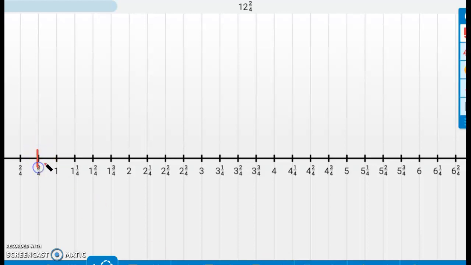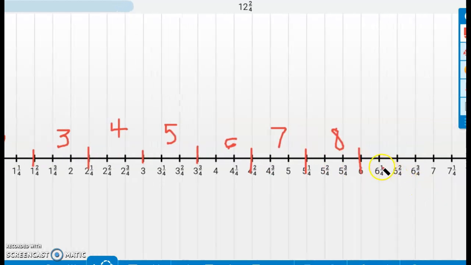Ready? Here's one section, 1, 2, 3. I'm actually going to count these right away. 2, 1, 2, 3. 3, 1, 2, 3. 4, 1, 2, 3. 5, 1, 2, 3. 6, 1, 2, 3. 7, 1, 2, 3. 8, and finally 1, 2, 3. 9.